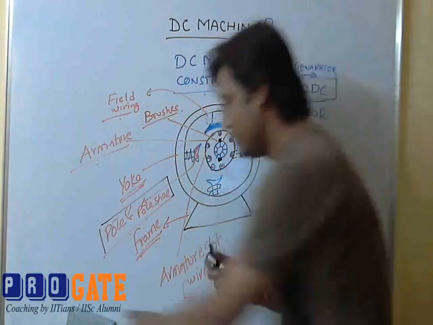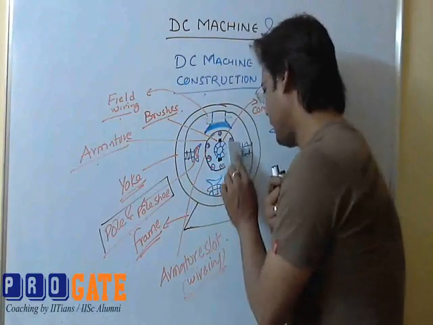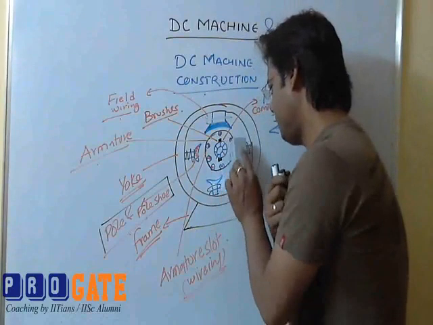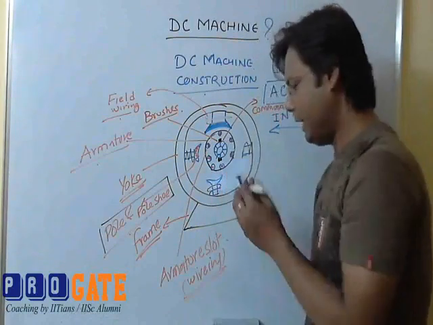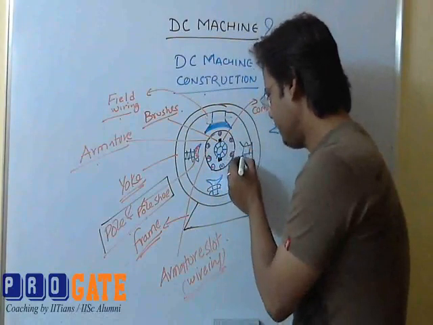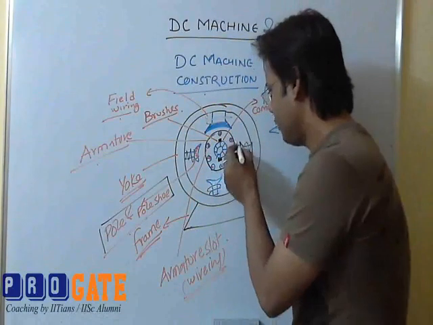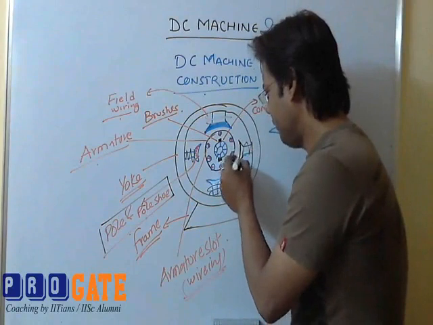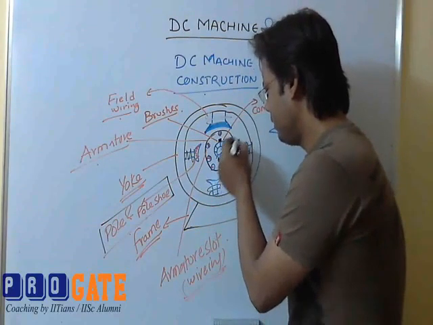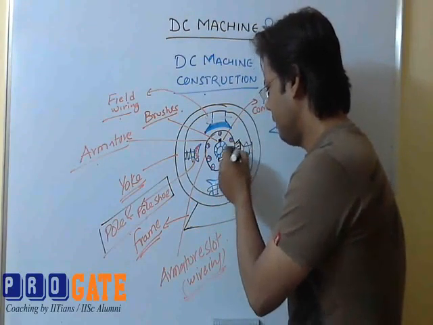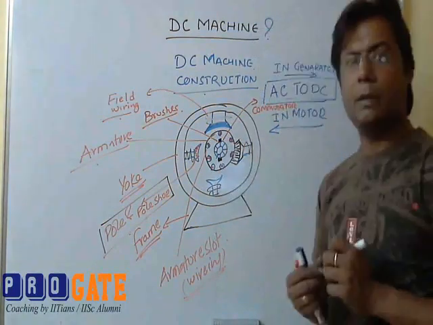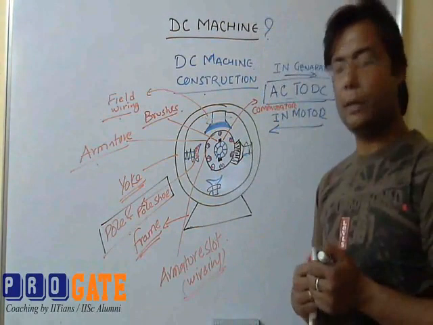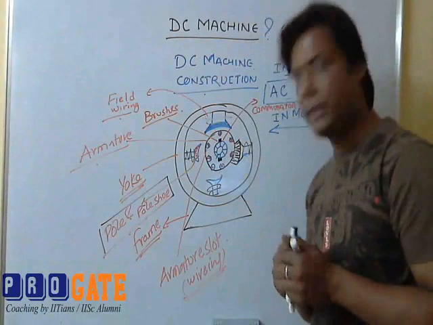So rather than making my pole like that, I have a different construction called a pole shoe, designed so that the magnetic flux reaches the armature in a proper way.